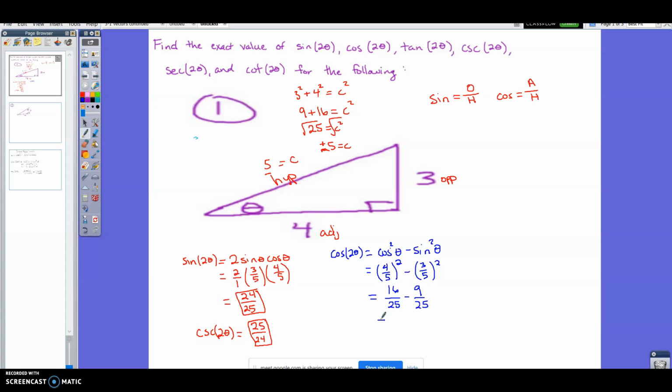If we subtract these two, 16 minus 9 is 7 over 25. So that's the cosine of the double angle. Now to find the secant of the double angle, we take what we know about secant and cosine: they're reciprocals. So all we have to do to find secant is take this fraction and flip it.